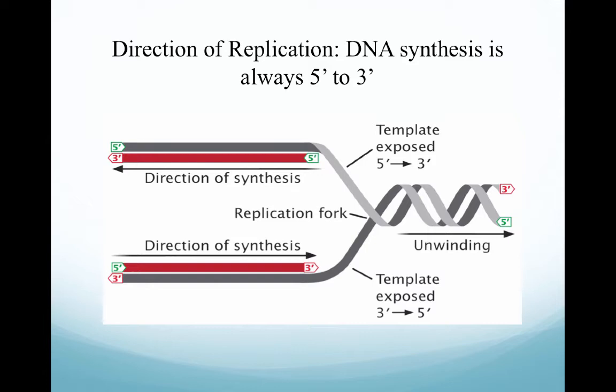The red strands are the newly synthesized DNA. Keep in mind that on this top template, we are going to be adding nucleotides together in a 5' to 3' direction. And then on the lagging strand, that'll be reversed. So we'll start over here to the left with the 5' and add on nucleotides in a 3' fashion.